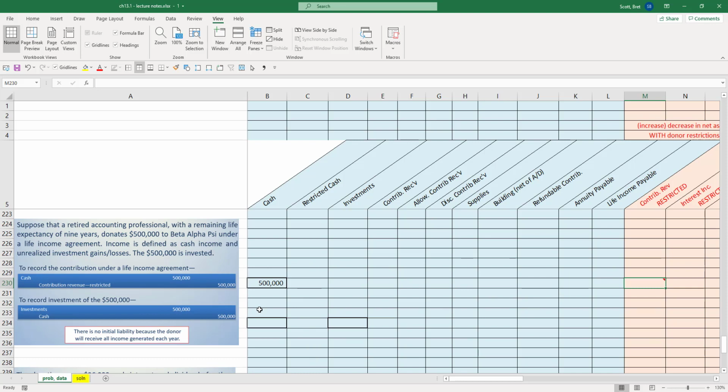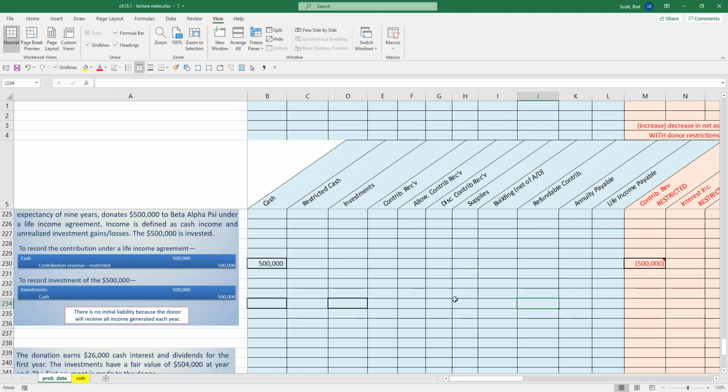So if there are gains, if there is interest or dividend income, that stuff gets paid out, but the rest stays behind. So the 500,000, we know right away that in this situation stays with the not-for-profit organization. 9 years goes by, whatever's left over gets kept by the not-for-profit organization.